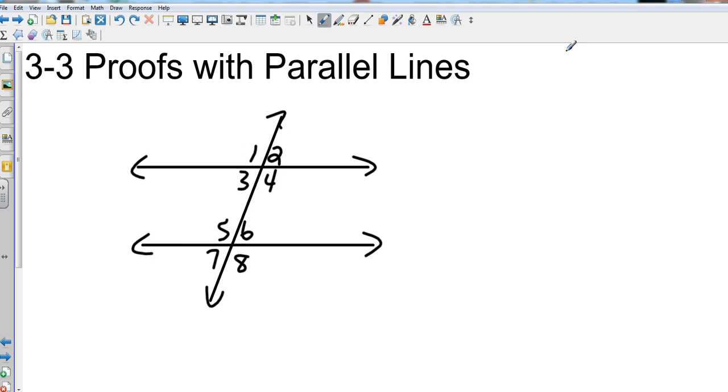And so let's say I had angle 4 and angle 5. Those are alternate interior angles. Let me draw that out there. Angle 4 is congruent to angle 5 because they are alternate interior.